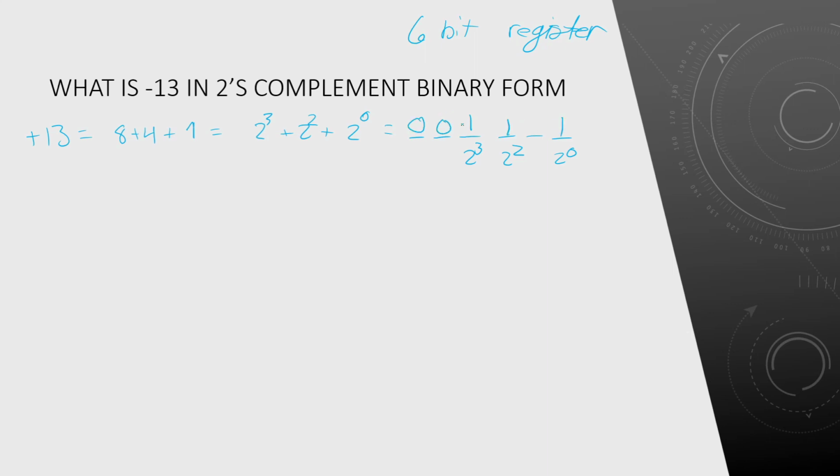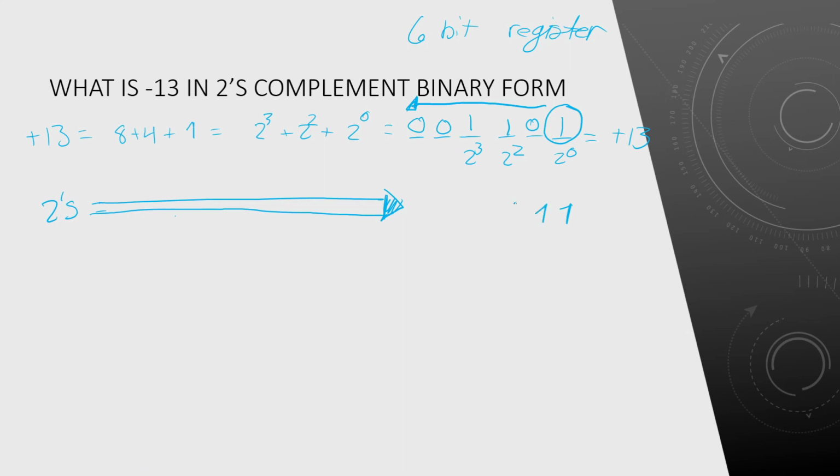Everything else is 0. This is not our answer because this is plus 13. Now we want to do 2's complement to find negative 13. Figure out the least significant one and invert everything to the left. So, alright, this is 1, 1, 0, 0, 1, and 1 is negative 13.